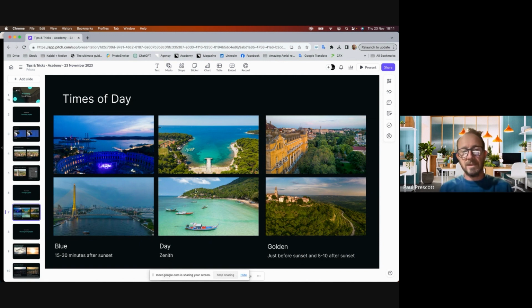Then moving into the day. So this is also talking about moods as well. So when you're shooting at midday, or at the zenith, or between, let's say, 10 and 2, you get very, let's say, hard light, and it can be really good if you've got a really good, very sunny day, so everything seems quite clear.